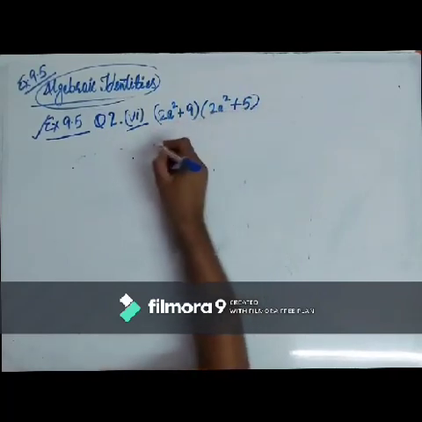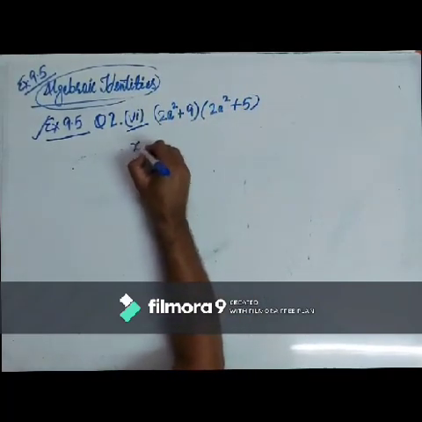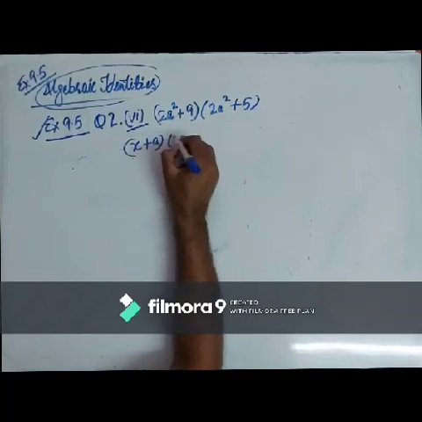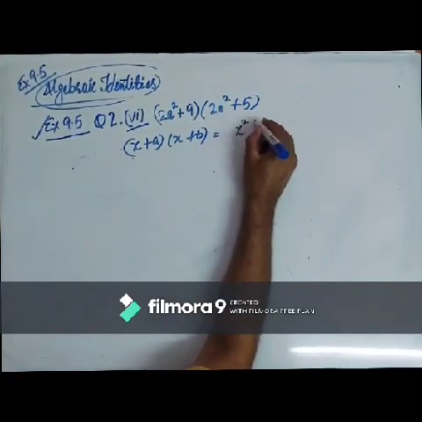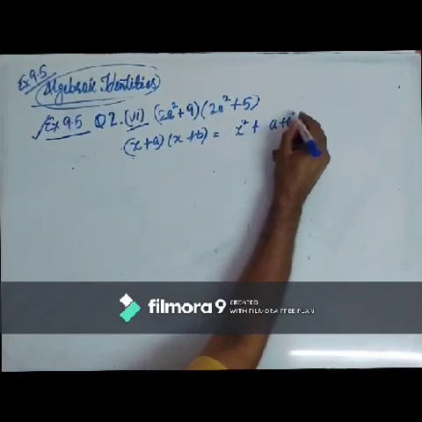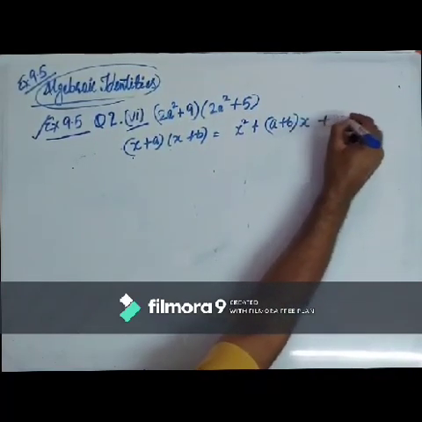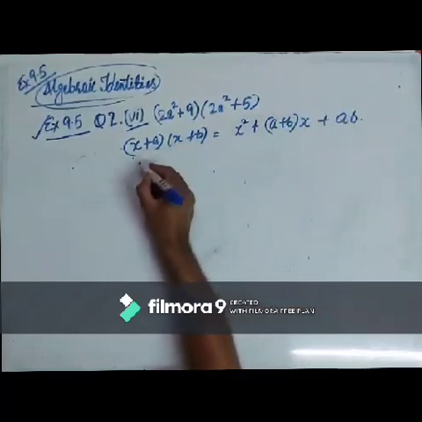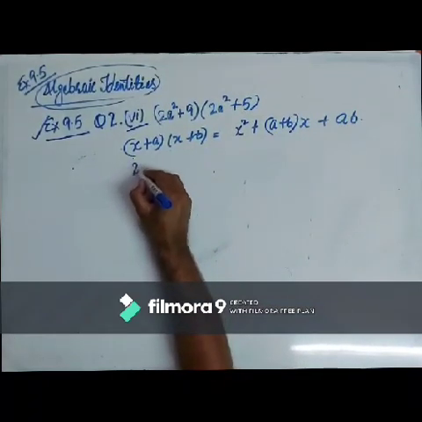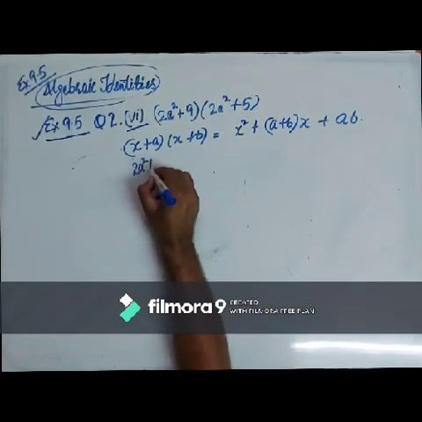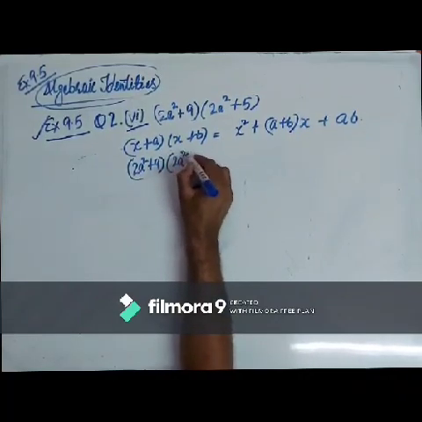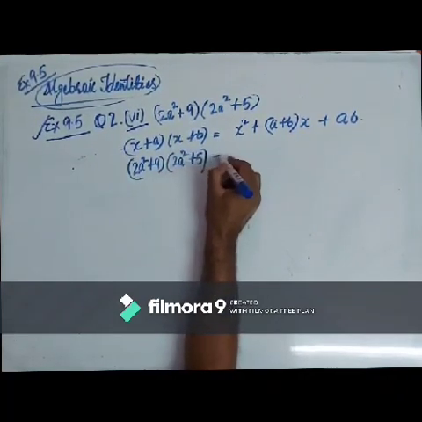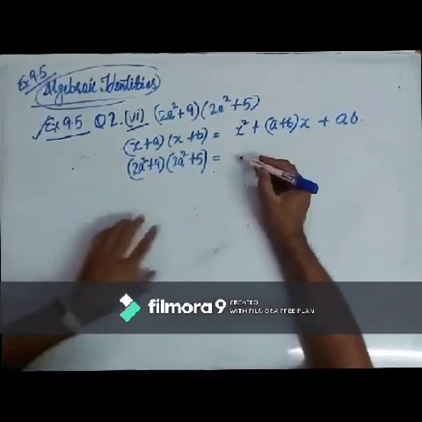So this has to be done with the identity x plus a into x plus b, which is equal to x square plus a plus b into x plus ab. So just copy this question just below the identity: 2a square plus 5. So your answer will be copying all the terms.